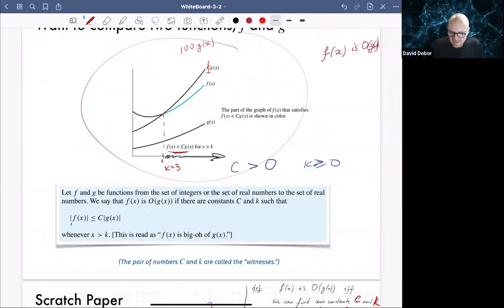But what happens is that because you stretch the y-axis like 100 times, this 100 times g of x now becomes a function that's like that. You stretched it. Do you see that this becomes much higher? The 100 times g of x is much higher.